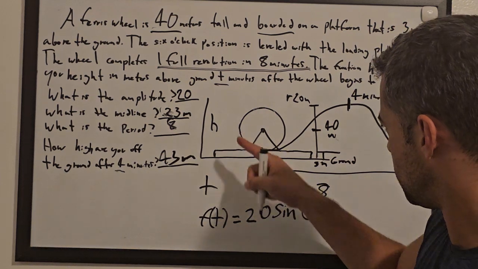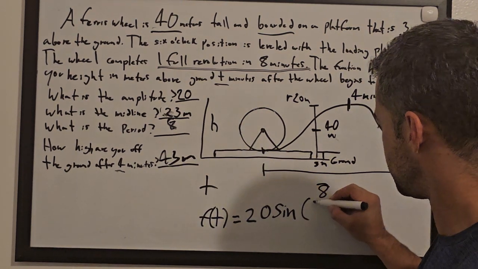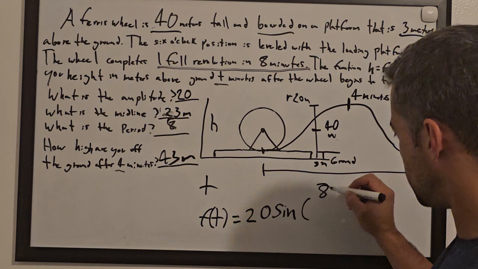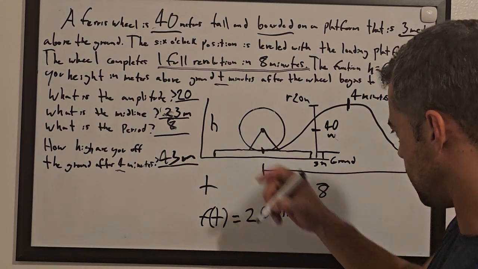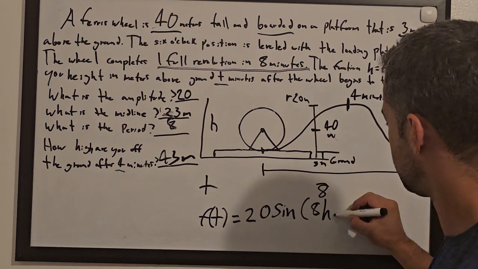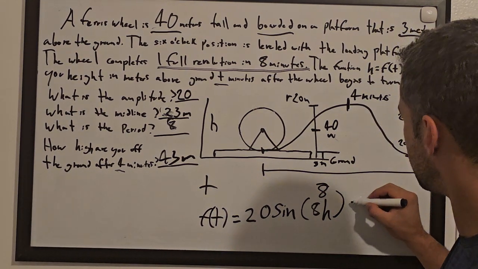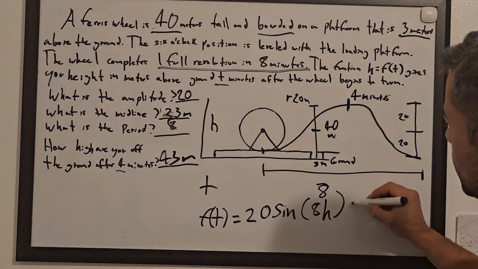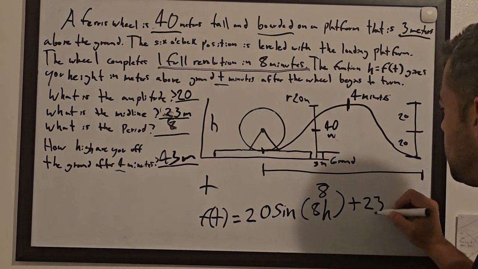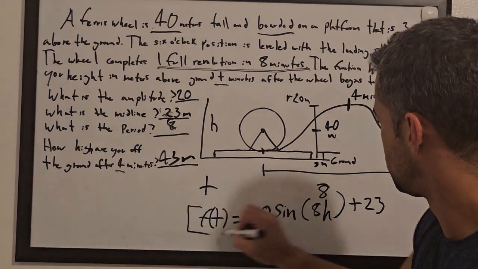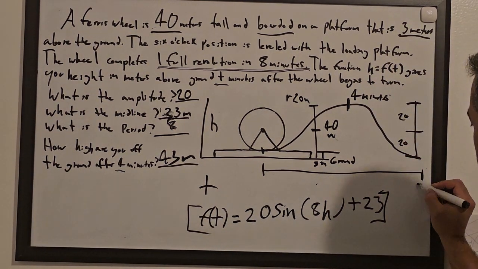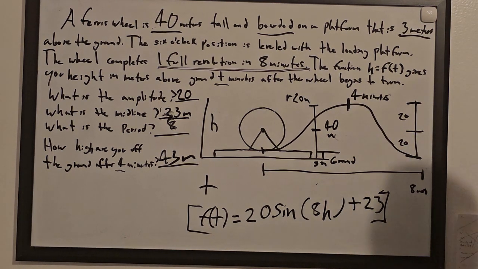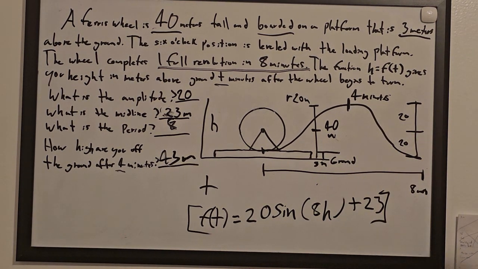And then we have the period first, 8. And then we have the t of time. And then we have the midline, plus 23. Let me delete this 8 from there and just put 8 there, and there we go. We have answered this problem.